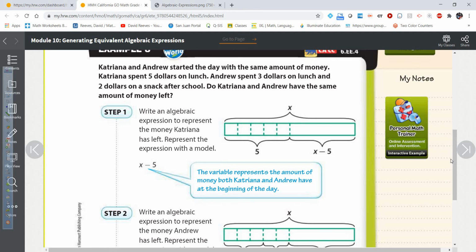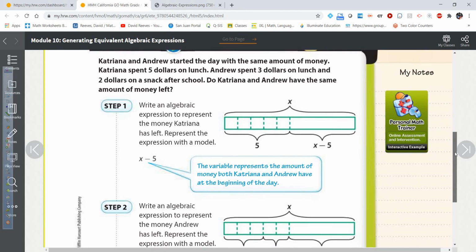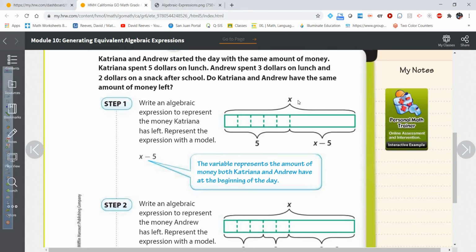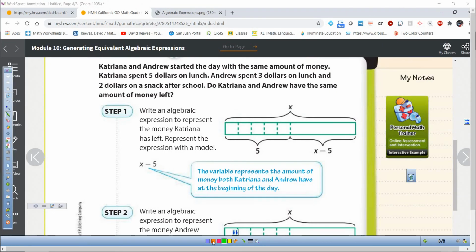Well, if you take a look, Katriana had X, and then she spent $5 on lunch. So X represented the whole thing. And then right here we have 1, 2, 3, 4, 5. That's the amount that she spent on lunch. So this green part here is how much she has left.